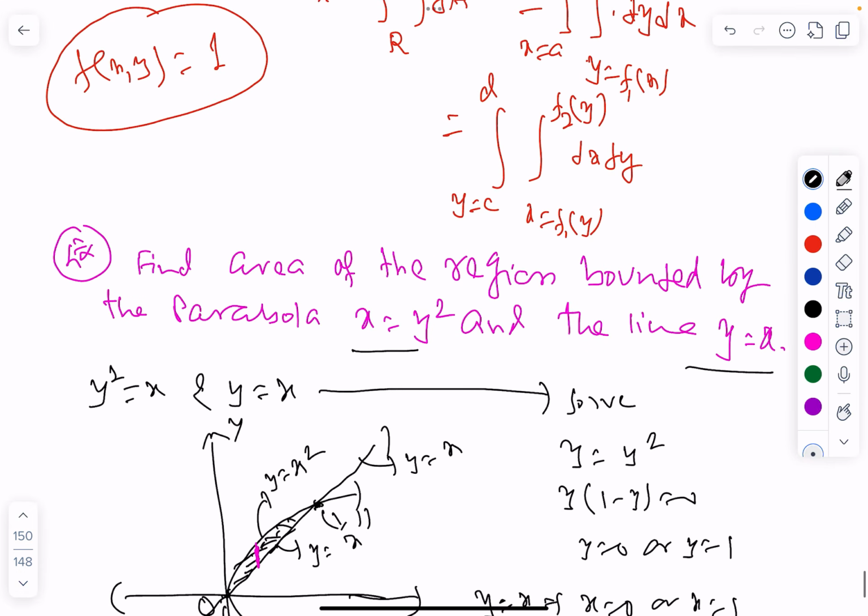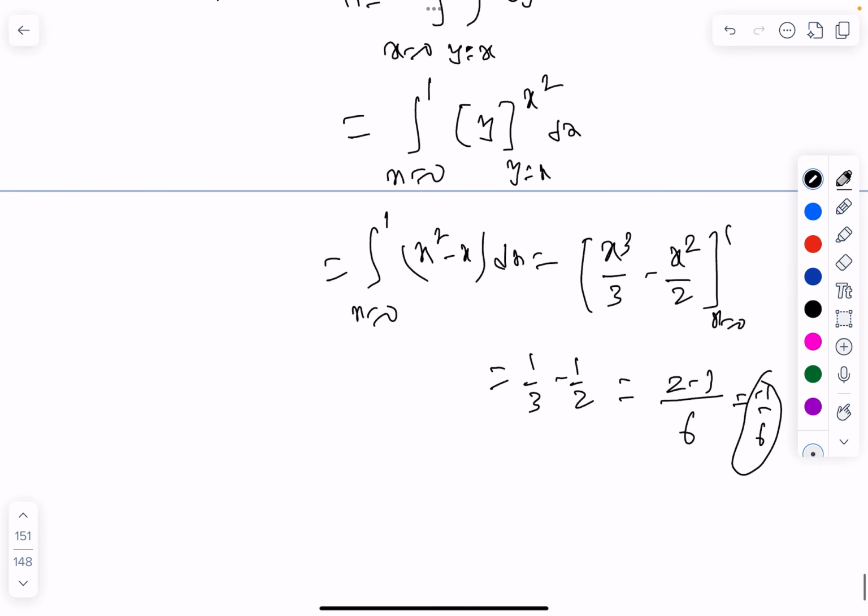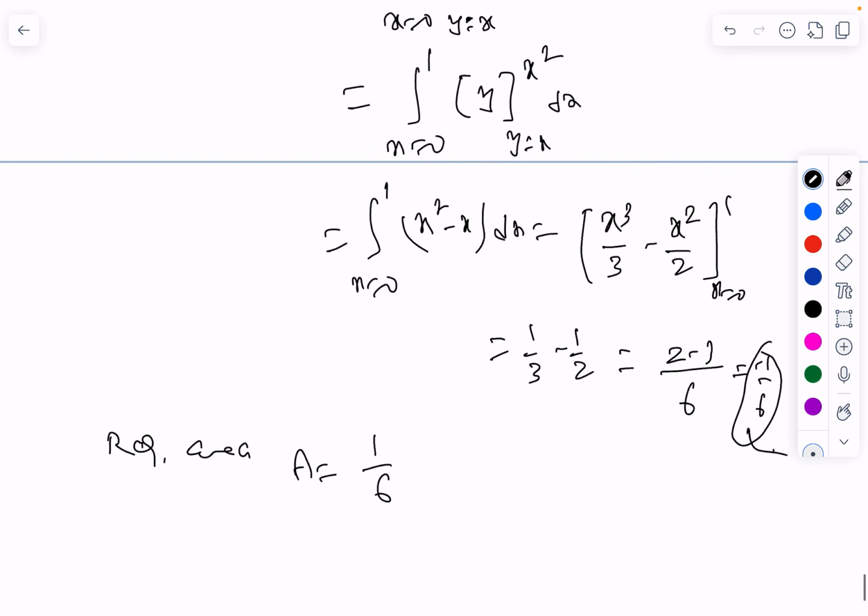So the area A is the modulus of I, where I is this. So the required area A equal to 1 by 6. You have to make it positive.